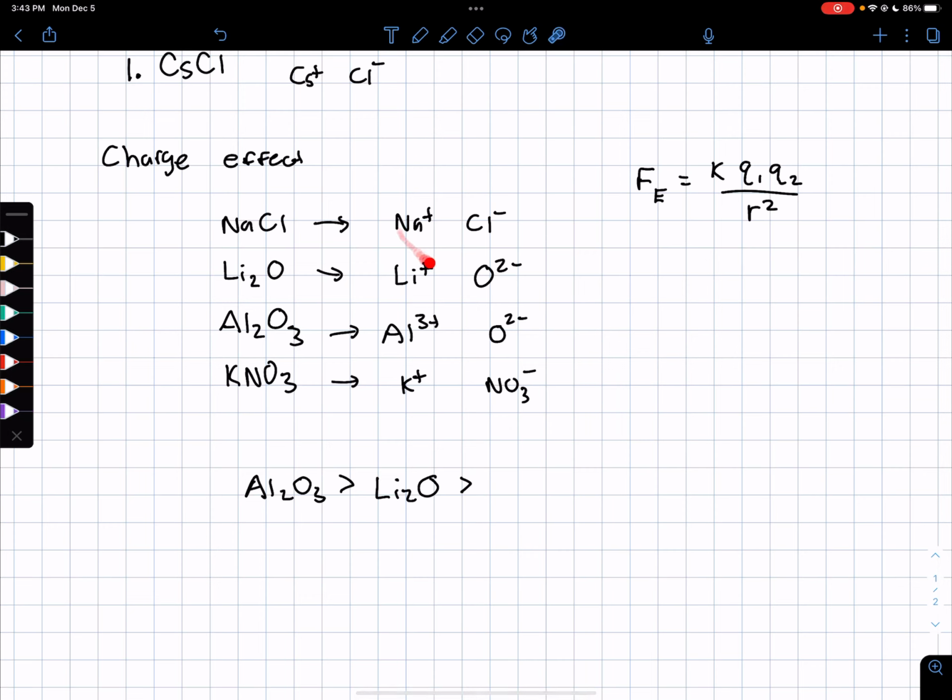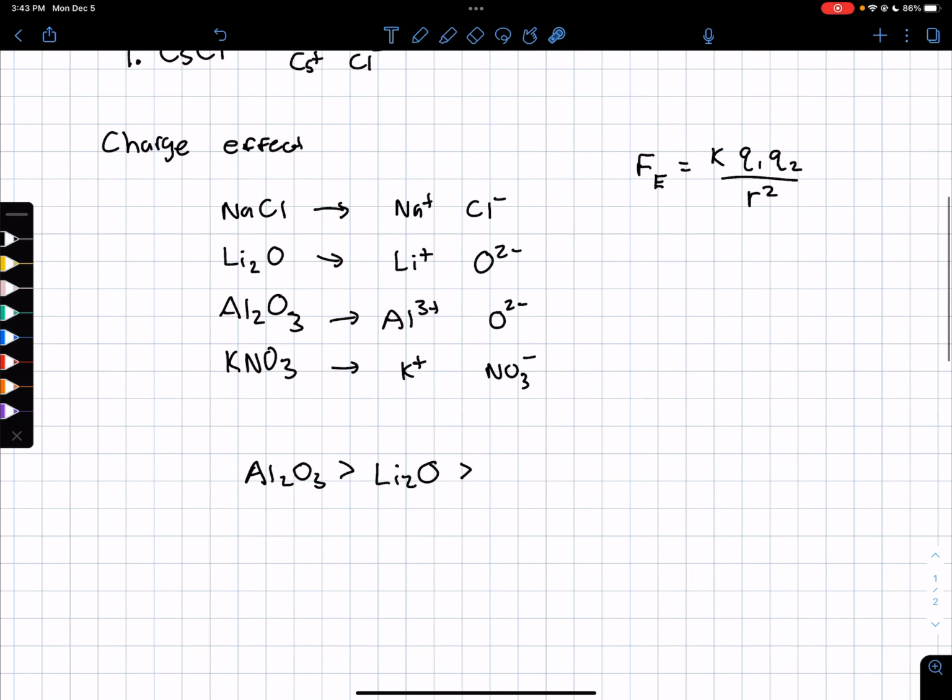So because the charges are the same in sodium chloride and potassium nitrate, you start looking at the atomic radius, okay? Sodium is going to have a smaller radius than potassium. And then, I'm not sure of the exact radius of a chloride ion, but I have to imagine it would probably be lower in size than this thing here. Yes, that's right, plus 1, minus 1.